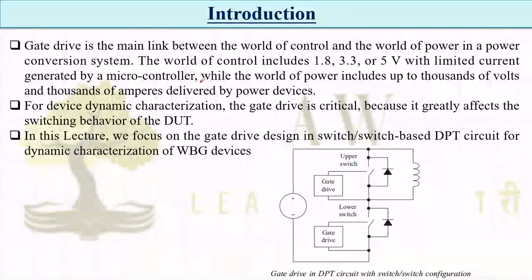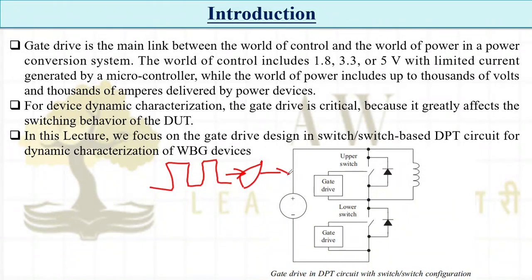We have seen that the microcontroller generates pulses of 1 and 0, and we cannot give these pulses directly to our device. So we need something in between which will take these pulses as input and generate my desired current pulses to give to the gate of the device, so that the device is turned on.